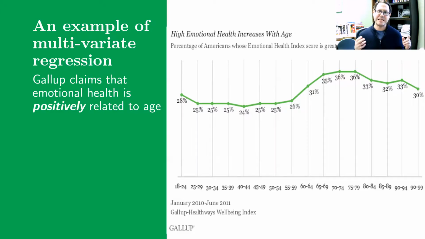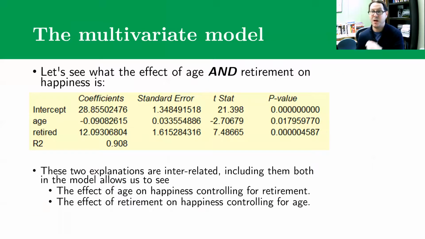And so what I'm actually seeing is a pattern where as you get older, your emotional health collectively, or our emotional health, declines. We get a boost up with retirement, but then it continues to decline again. And that's a more sophisticated story, but that's a story I can tell with regression. And so I plugged in both age and retirement into my regression equation.